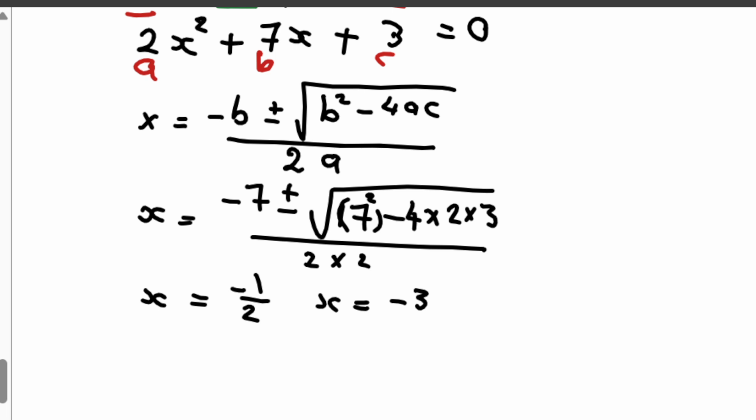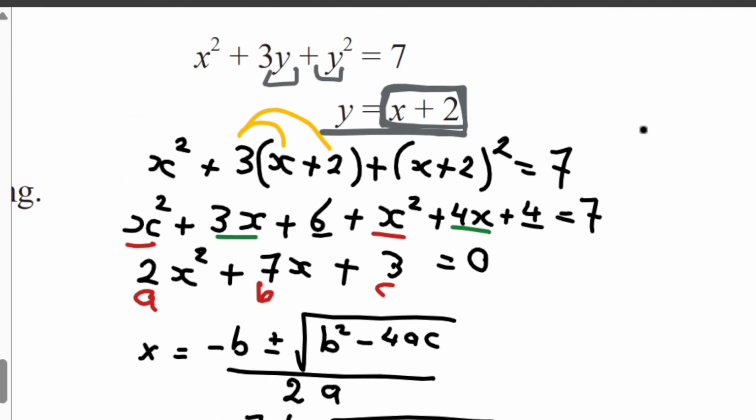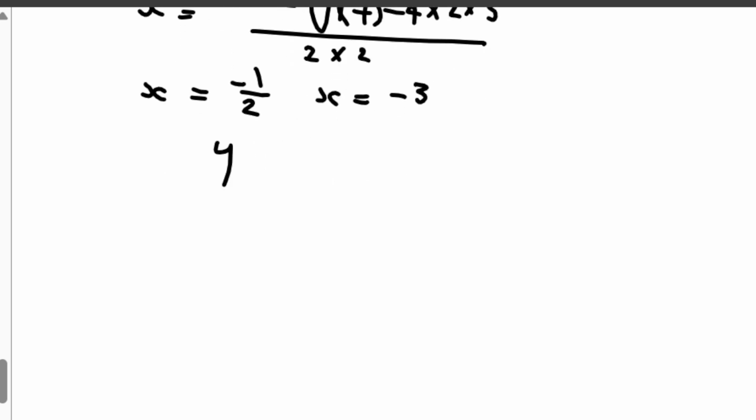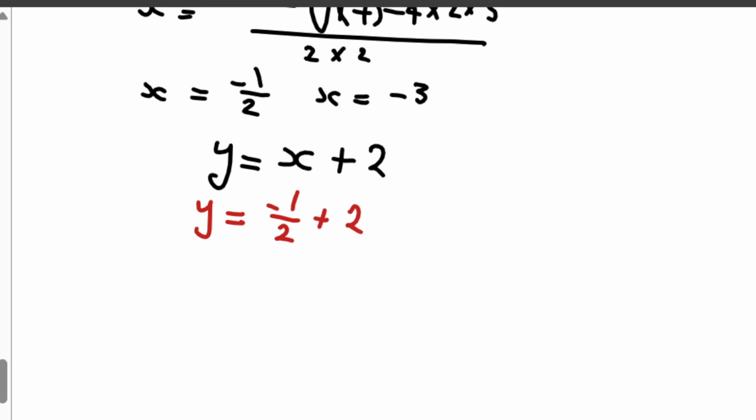Once you get the values of x, you need to find y. How do you find y? Let's go back here. Do you remember this equation? y equals x plus 2. So we'll just substitute here. When x equals negative a half, y equals negative a half plus 2, which gives you 1.5.